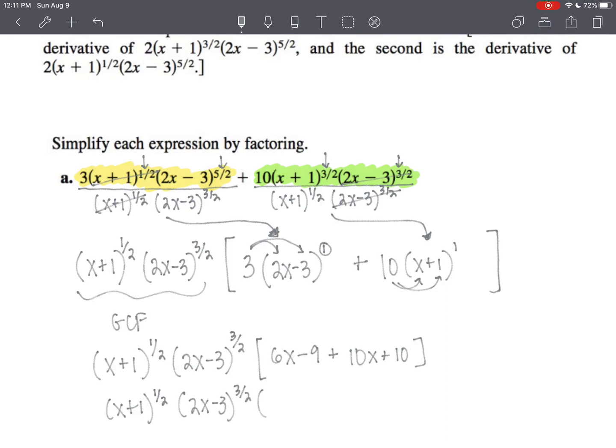This is just basic algebra. 6x plus 10x is 16x, negative 9 plus 10 is positive 1, and that is our final answer.